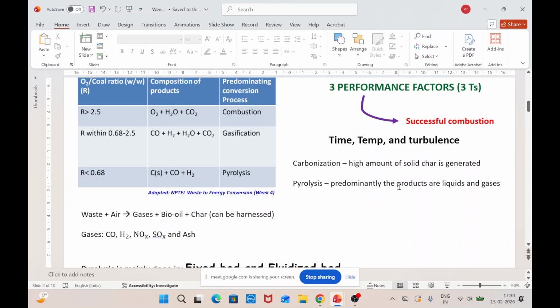In the pyrolysis process, what happens is that the volatiles that get generated break down, resulting in the formation of liquids and gases. When I say liquids, predominantly speaking, the bio oil. So what is the difference between the bio oil that gets generated out of the pyrolysis process and the commercial diesel that is available?